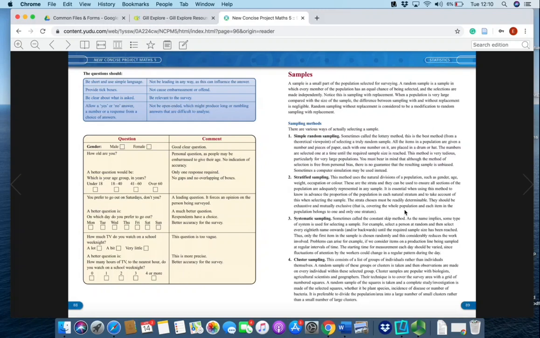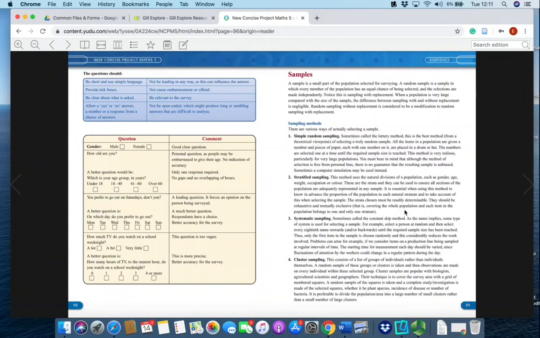But if the question that you were asking needed to have a multinational representation, then stratified sampling would be good in that case, in that you could break your population up into strata where you took some Polish people, you took some African people, you took some English people, and you made sure that they were used to answer your survey.